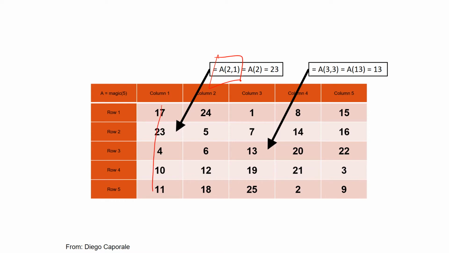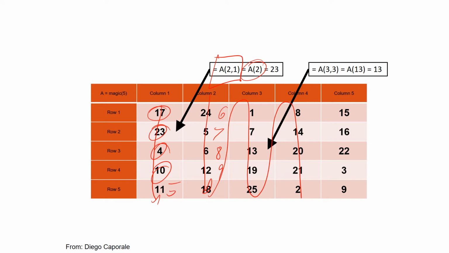So wrapping down like this and then coming down like this. So it kind of goes like that, right? And so that is using a single number on a multidimensional matrix. So this would be 1, this is 2, 3, 4, 5, 6, 7, 8, 9, and onward. And so we can index it using 2.